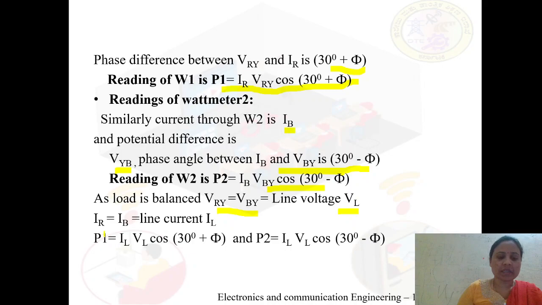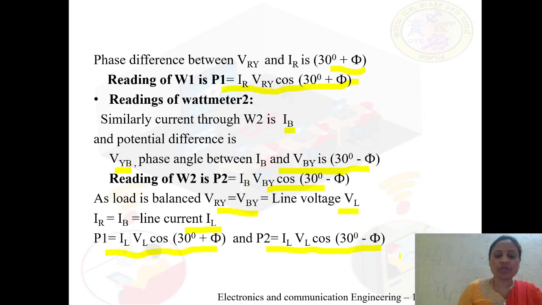Similarly, the current magnitudes are the same, so IR equals IB, which we call the line current IL. Hence, the power P1 can be expressed as IL VL cos of 30 plus 5, and P2 as IL VL cos of 30 minus 5. These are the individual powers measured by the two wattmeters.